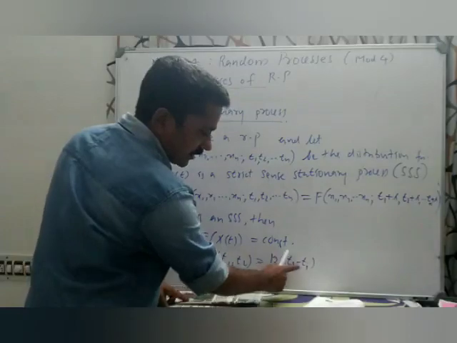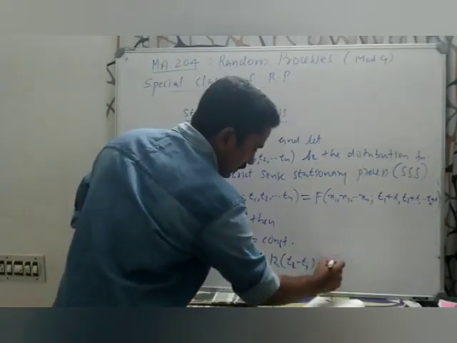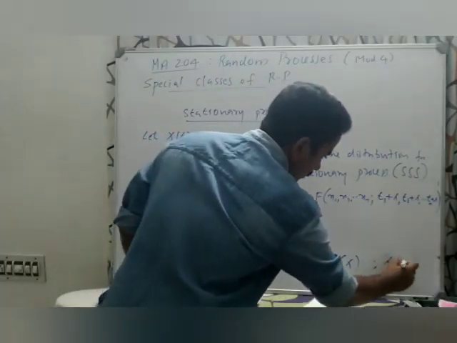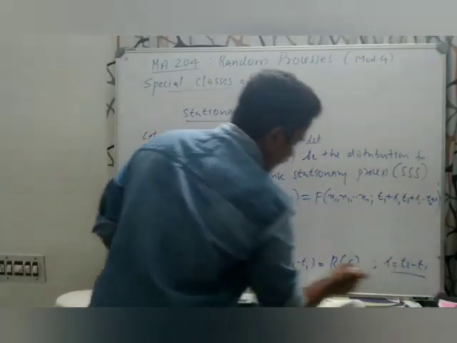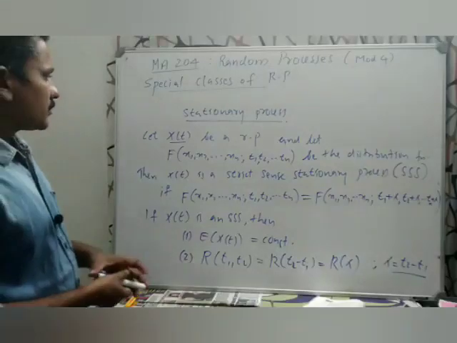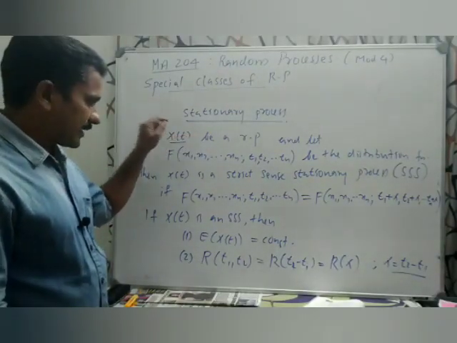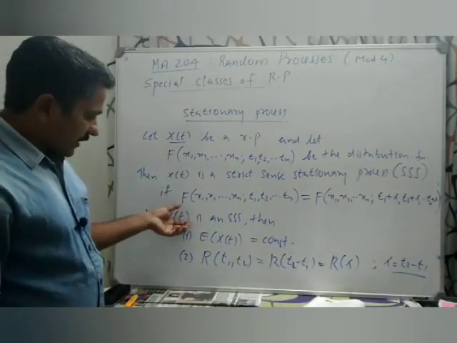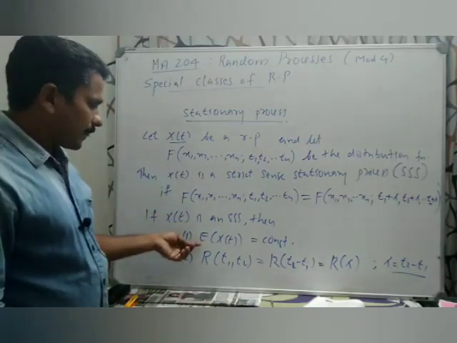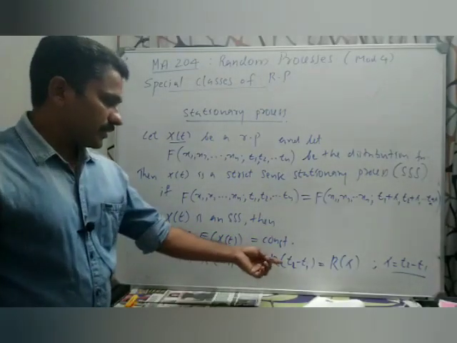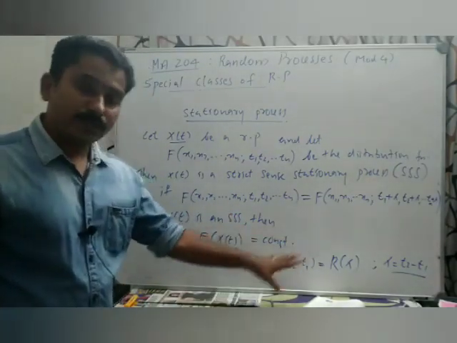If we denote t2 minus t1 as tau, we represent that as R of tau. So if x of t is a strict sense stationary process, then x of t has these two properties: E of x of t will be a constant, and R of t1, t2 will be a function of t2 minus t1.